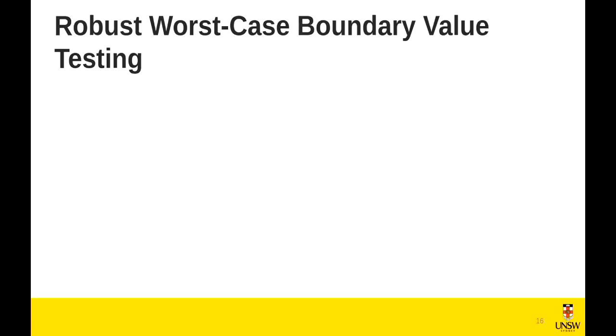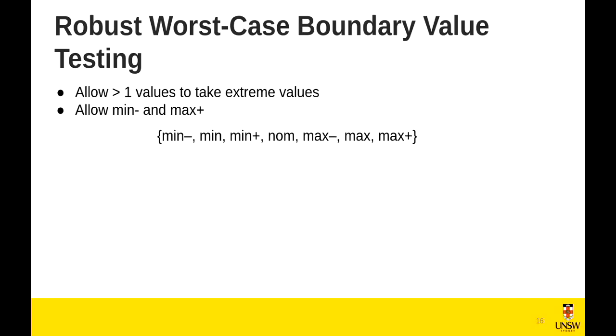We need some values to be outside the boundaries. So can you imagine how it looks like? Now we allow more than one value to be extreme, and we allow invalid values.